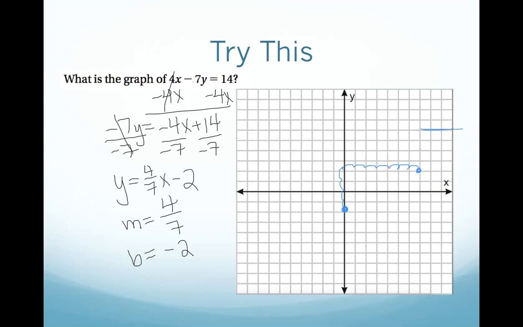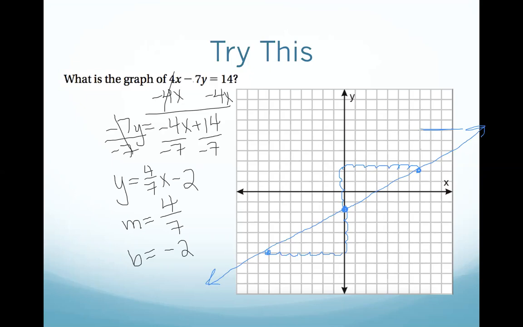So we're going to go down 4, 1, 2, 3, 4, and then over 1, 2, 3, 4, 5, 6, 7. And I'm going to draw as straight of a line as I can. Doesn't have to be perfect. Through those points. Okay? And that's all there is to it.